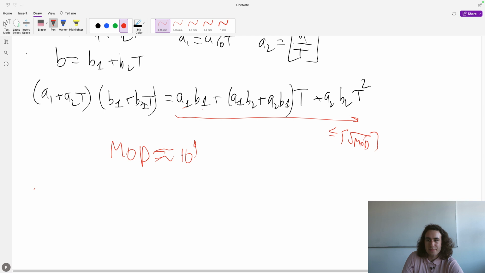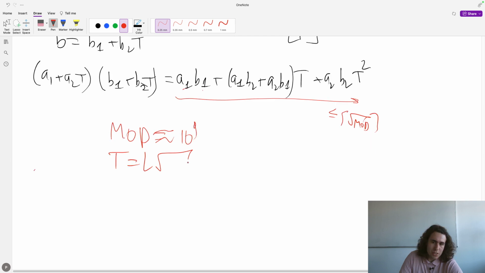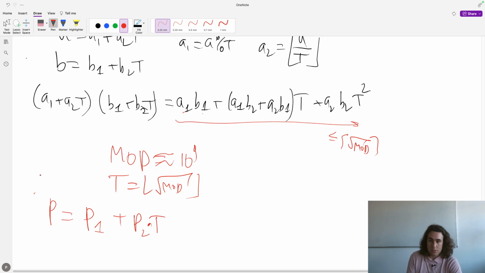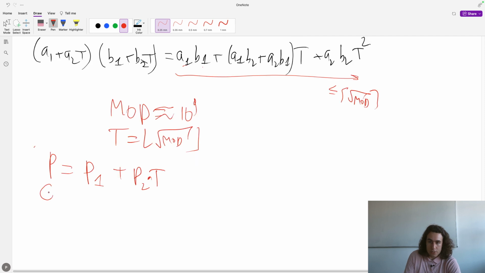We take t equals to square root of mod, and we just break our polynomial into two polynomials. Not by degrees, but each coefficient, right? Each coefficient, we can take the less significant part of the coefficient and the more significant part of the coefficient. And then we can use the same formula, right? We have polynomials p and q, and then to calculate r, we just need to use the same formula.